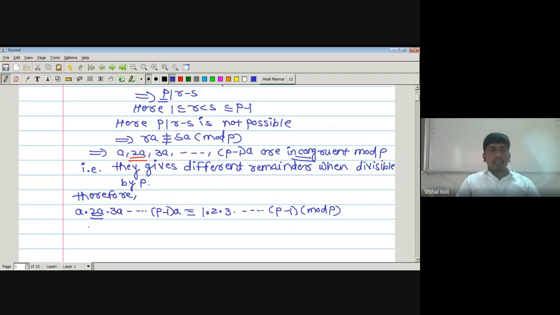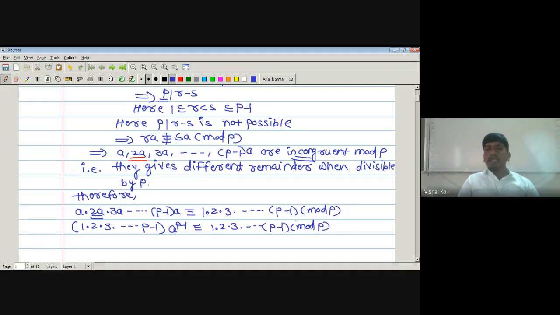Here this can be written as 1 into 2 into 3 into up to so on p minus 1, and a is a multiple of p minus 1 times, which is nothing but a to the power p minus 1, and which is congruent to 1 into 2 into 3 into up to so on p minus 1 modulo p.